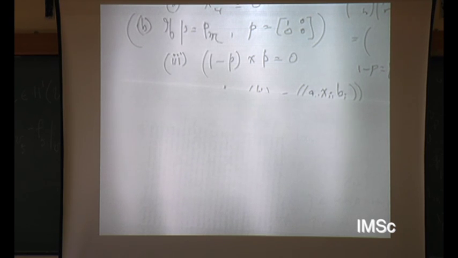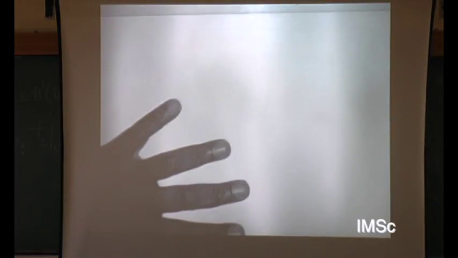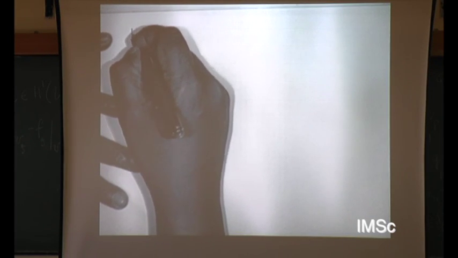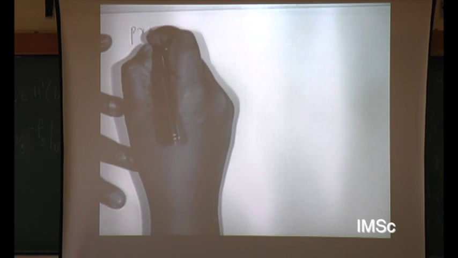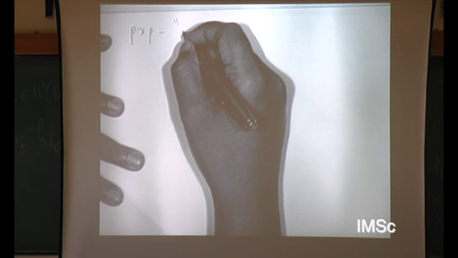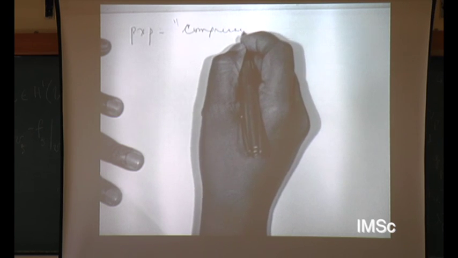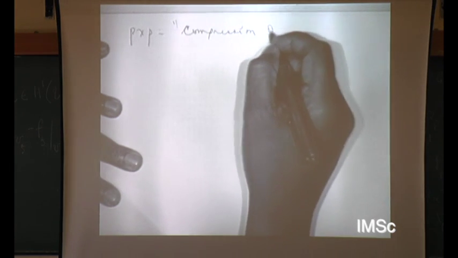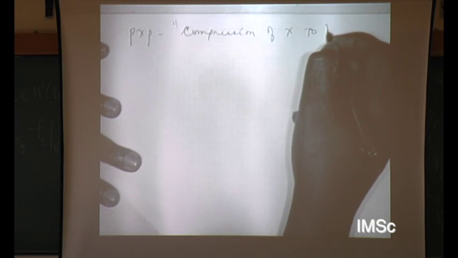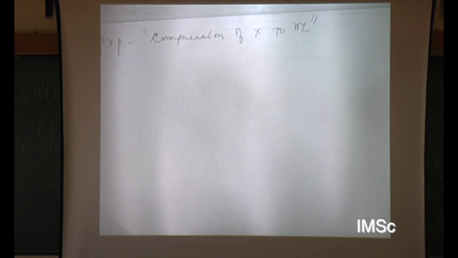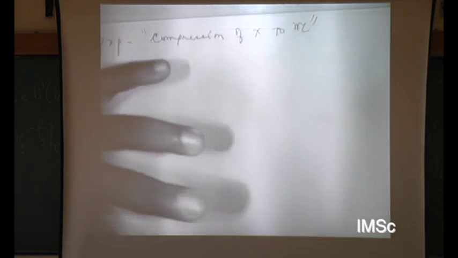So, in order to get from an X in B of H to something in B of M, one calls PXP the compression of X to M. In matrix form, it is just X11.